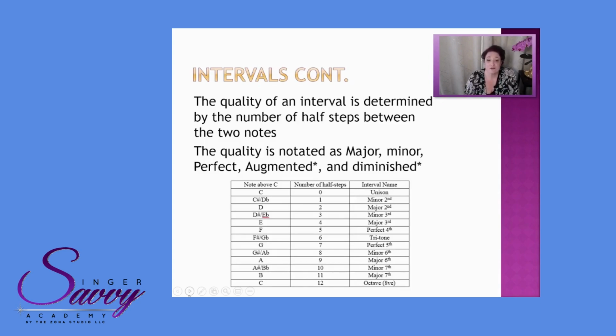That is a perfect 4th. Okay? And then going from do to sol is a perfect 5th. As you can see from the chart, a perfect 4th has 5 half steps. A perfect 5th has 7 half steps between it. All right? So a unison, an octave, a 4th, and a 5th will rarely be anything but perfect. Okay?